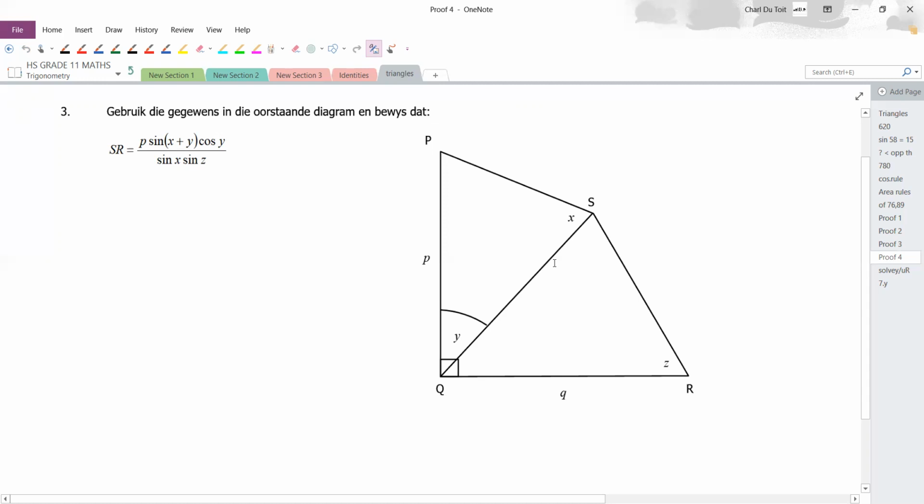Right. So SR, that makes it easy to know what triangle that is. And you also have to get P into the sum.